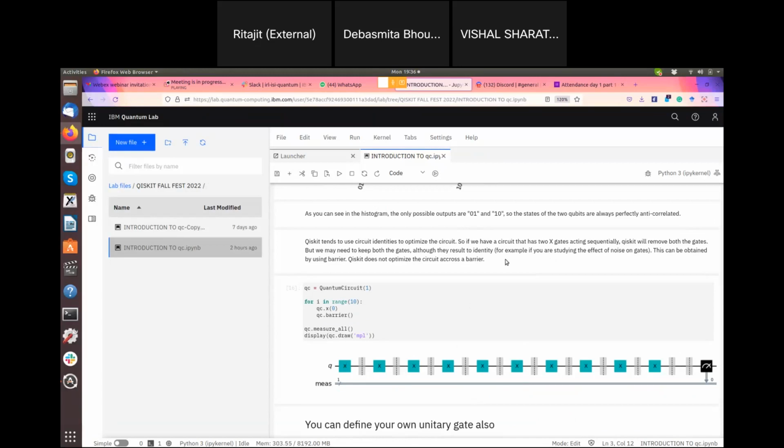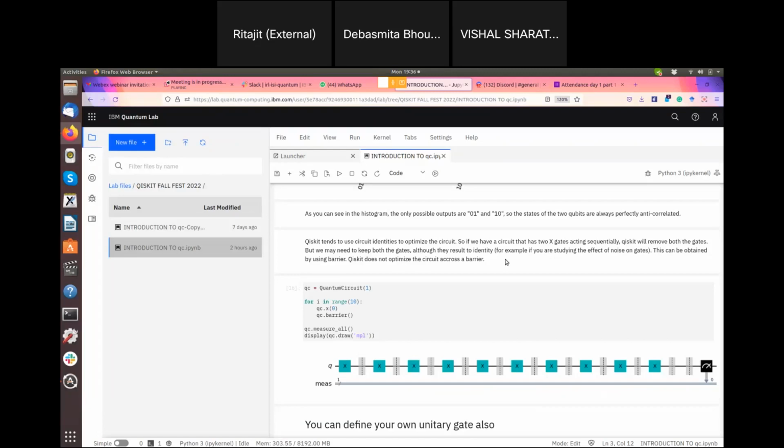What happens in an X gate? It converts 0 to 1 and 1 to 0. So if we put two X gates, it means nothing. It will keep 0 to 0. It is basically identity, 0 to 0, 1 to 1, and Qiskit will remove the gates in qc.draw for our visual purpose. And it may create some confusion when we draw something.